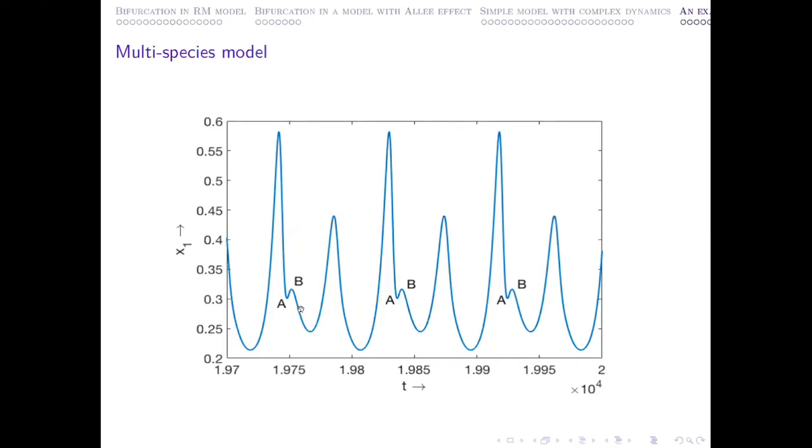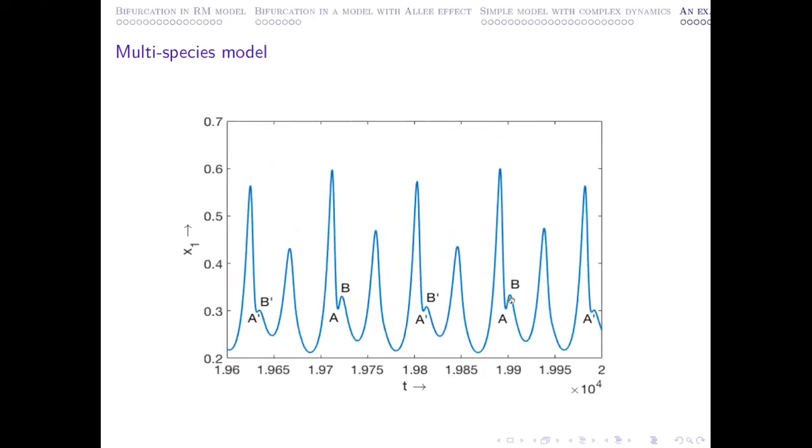After some time, there is another interesting phenomenon: a variation in the heights of AB. That's why one set of local maxima and minima is labeled AB, AB, and another set is labeled A dash, B dash. So just due to the appearance of a point of inflection, you can see the appearance of new peaks. That's why it is called peak adding bifurcation.